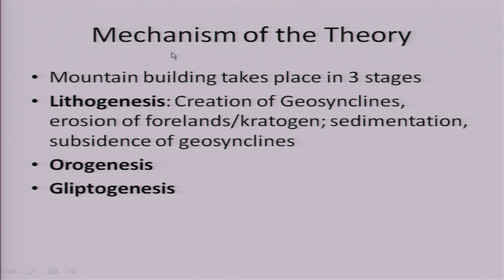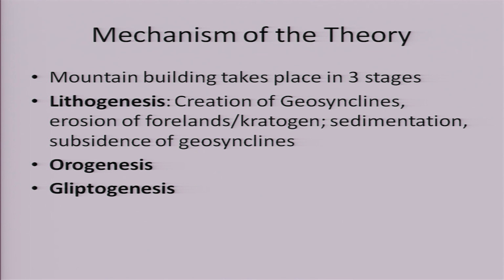Now, dealing with the mechanism of the theory, Kober's theory takes place in 3 stages: first is lithogenesis, second is orogenesis and the third is glyptogenesis. Lithogenesis is the basic creation of the geosyncline.